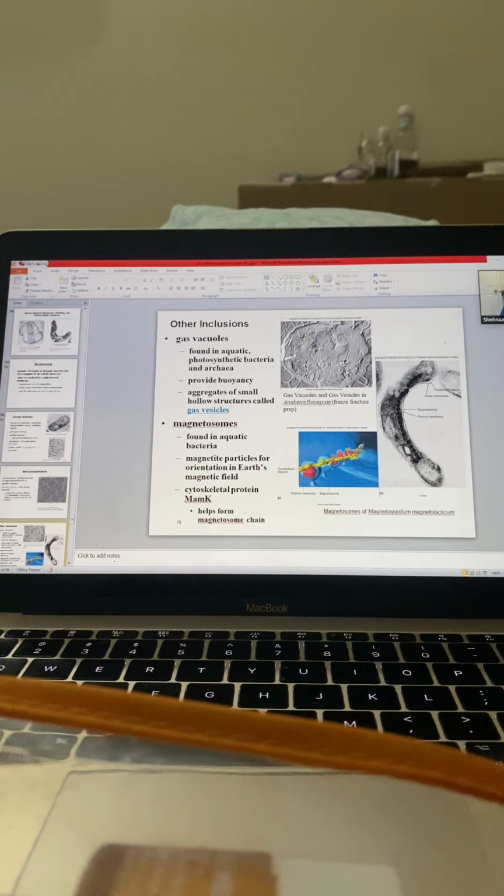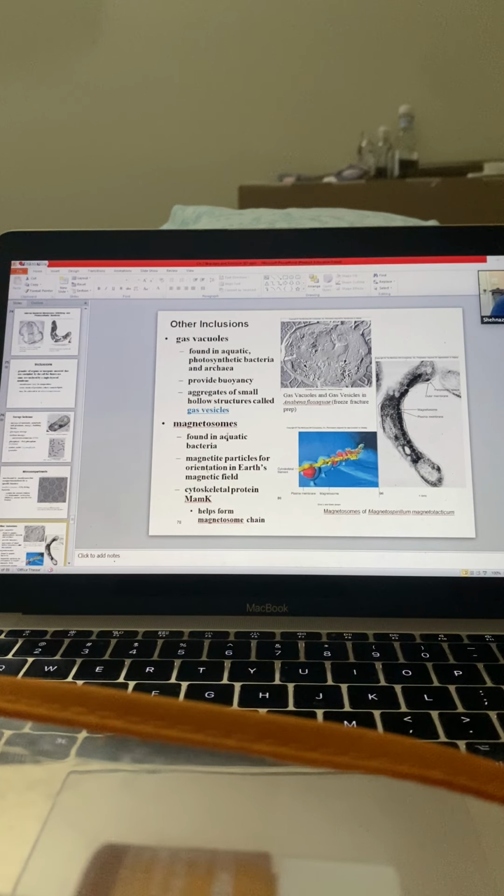So these are two different types of gas inclusions in this bacterium called Anabaena, which you can see wherever the gas vacuoles or vesicles are. When you do a freeze fracture, they will fracture mainly in the gas vacuole area, and you can visualize them under the electron microscope at that time.